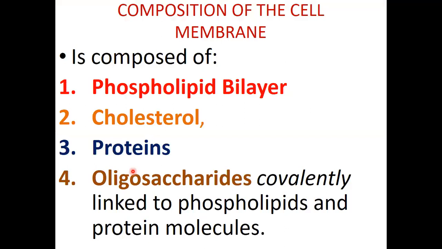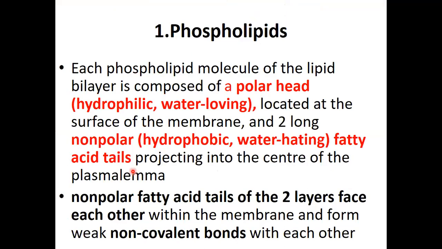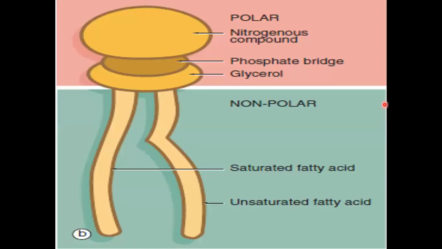Now, let's look at the structure of the phospholipids. We'll start with the phospholipids because of how they influence the cell membrane. They give us a double layer structure. So this is the structure of a phospholipid. A phospholipid has a head and a tail region.